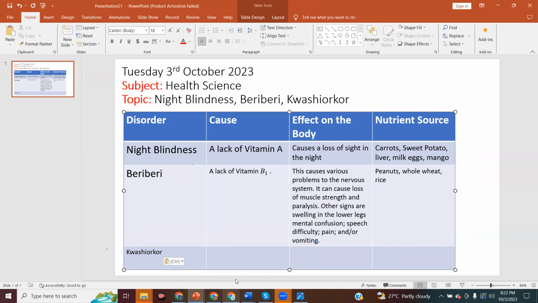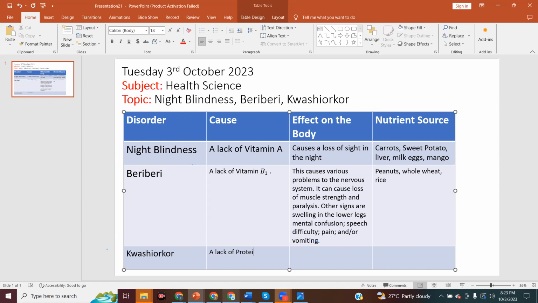Okay, but what does it mean? Anyone have an idea? What have we not mentioned as yet? So kwashiorkor is when you have a lack of protein.